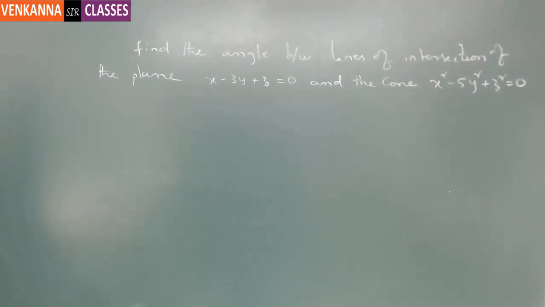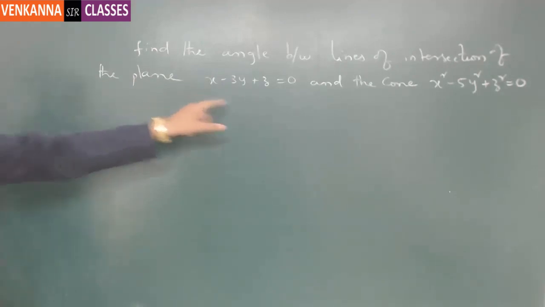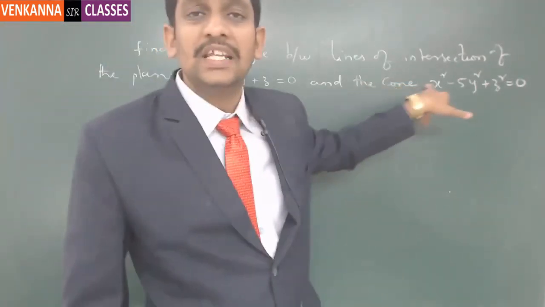About the cone, what can you say? Can I say that the vertex of the cone is the origin, or the cone passes through the origin? Right, because the plane does not have a constant term, and the cone equation is a homogeneous one.